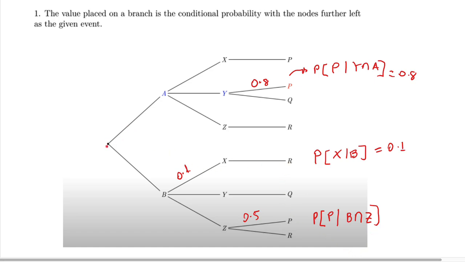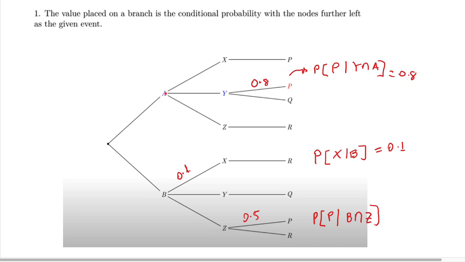Again, the tree is structured so that it branches to the right, and it gives you a sequence of events that happen. First A happened, and then Y, and sitting on this branch is the probability of P happening.